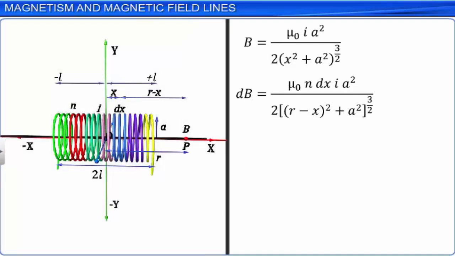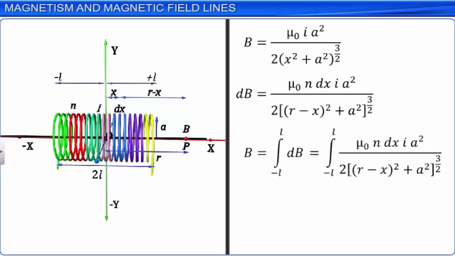Thus, the total magnetic induction at the point P due to the solenoid is B equal to integral -L to L dB. That is equal to integral -L to L μ0 n dx I A square by 2 into (R minus x) square plus A square whole power 3 by 2.